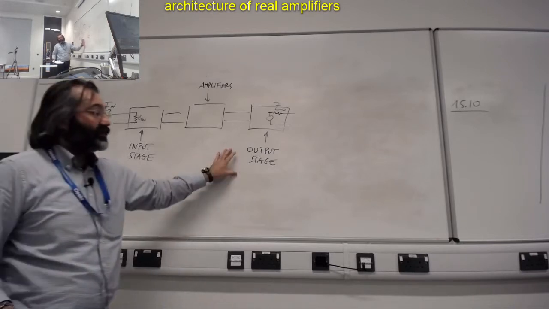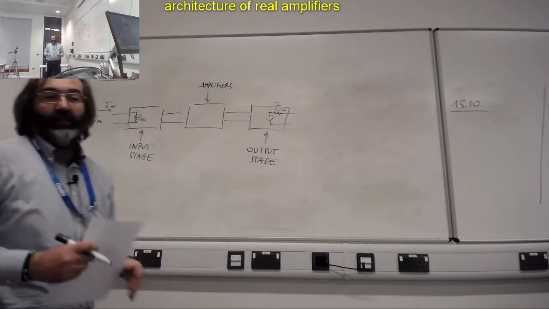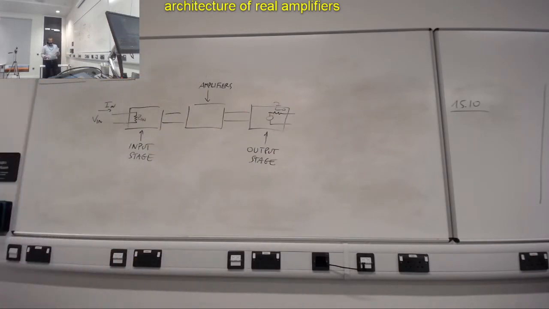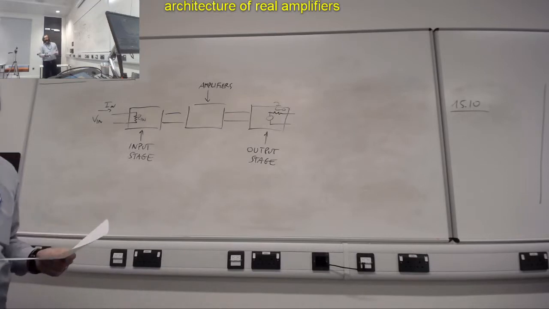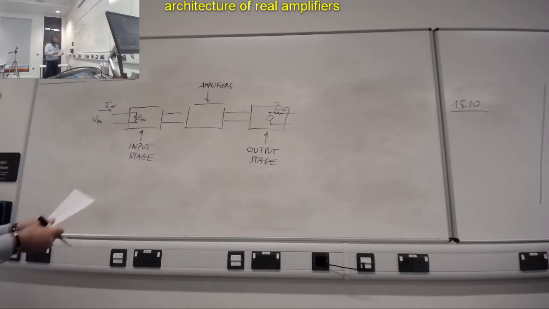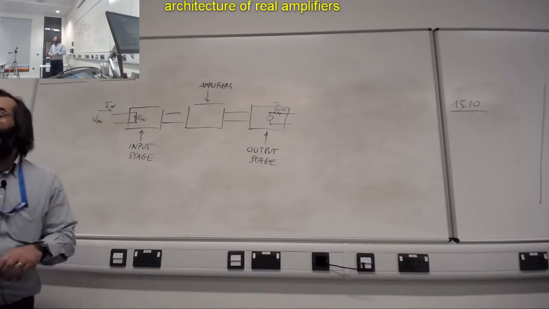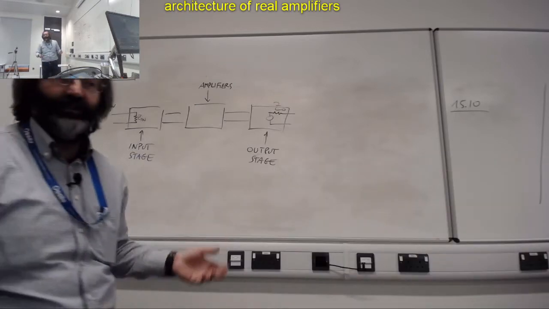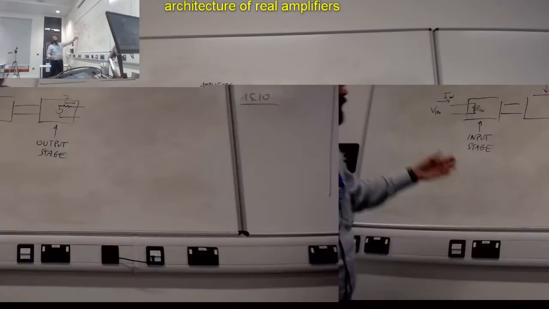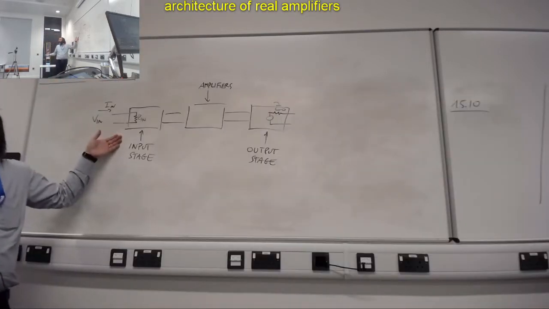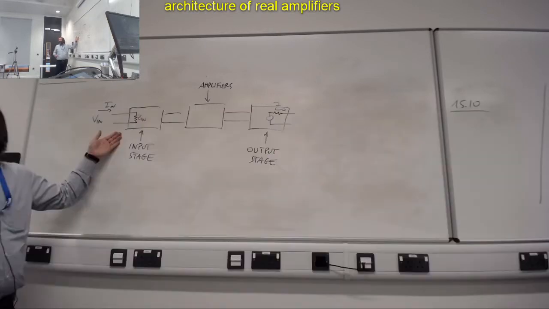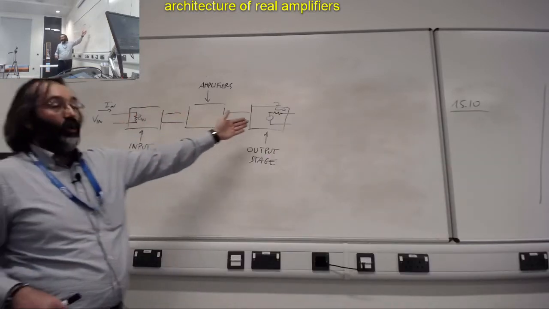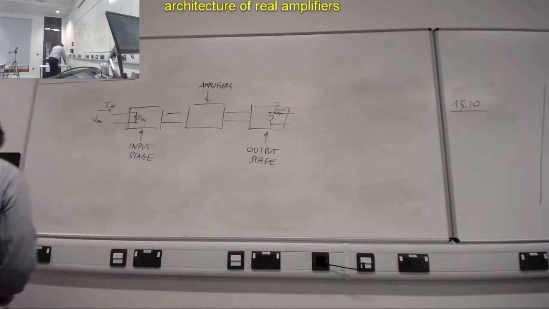So the output stage will adapt the output impedance of the circuit to the need, whether it is a voltage amplifier or a current amplifier. Operational amplifiers, for example, are generally voltage amplifiers, so they have an input stage with extremely large, near infinite input impedance and very, very small output impedance.